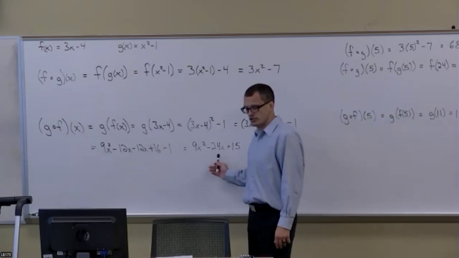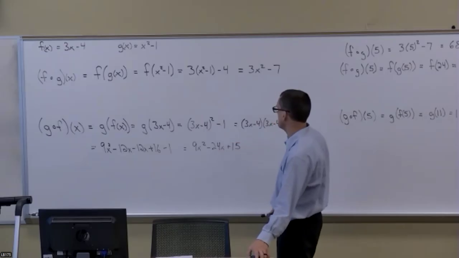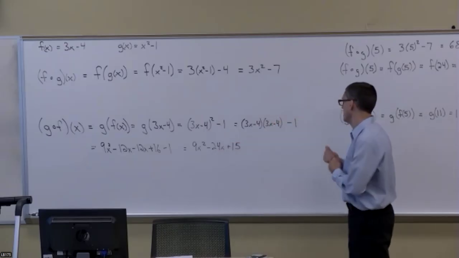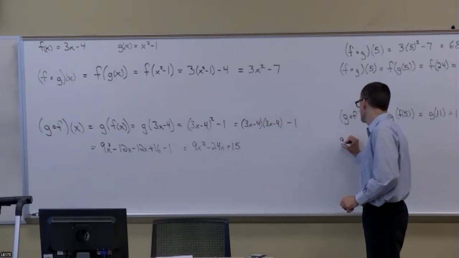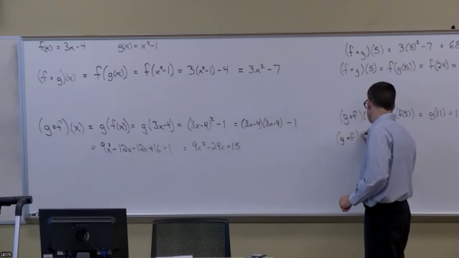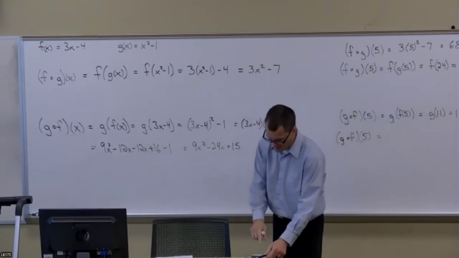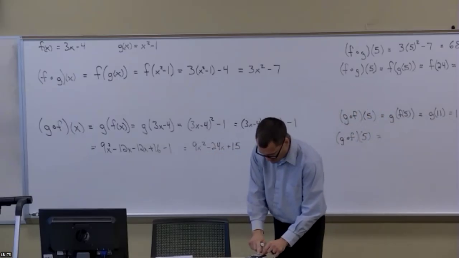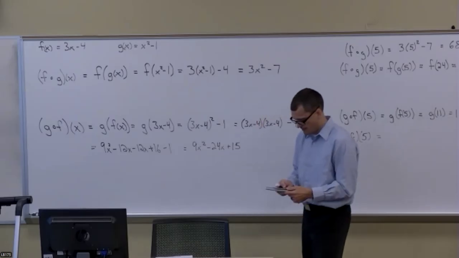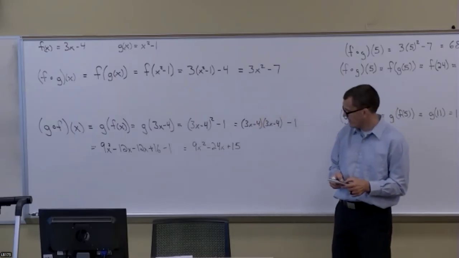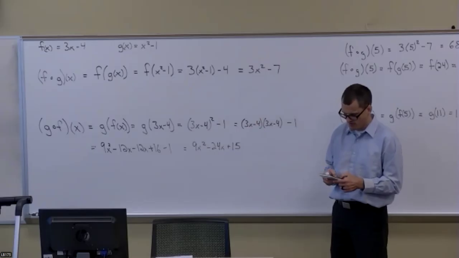By the way, a good check would be to plug in 5 into this, just so that you can confirm G of f of 5 is that. If I plug in 9 times 5 squared, minus 24 times 5 plus 15.